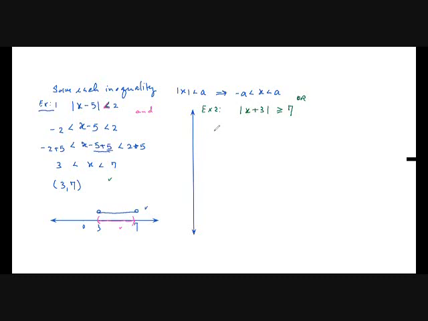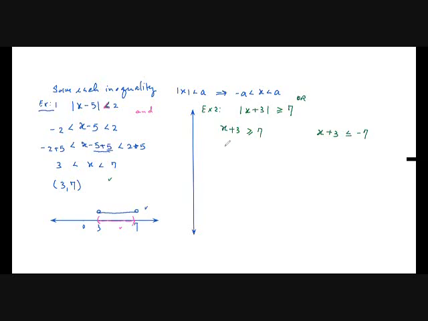So you can write it down as 2 cases. x plus 3 greater than or equal to 7, and another one is x plus 3 less than or equal to negative 7.